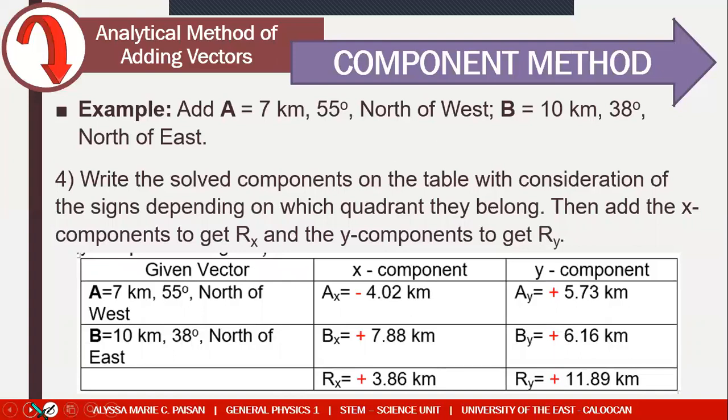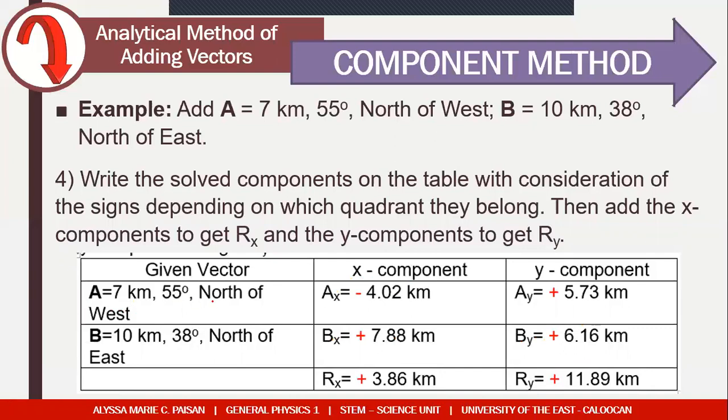After solving for those, we may now write the numbers that we obtained from steps 2 and 3 here in the table that we created for step number 1. We have 4.02, 5.73, 7.88, and 6.16. And here in our table, that's where you will identify which quadrant the vector belongs to.